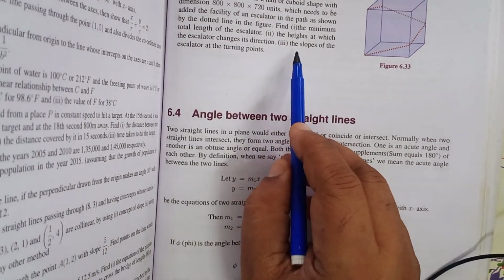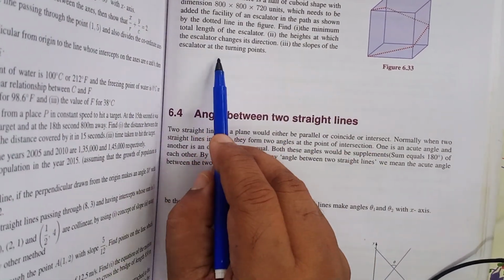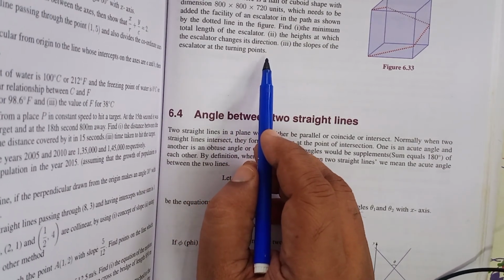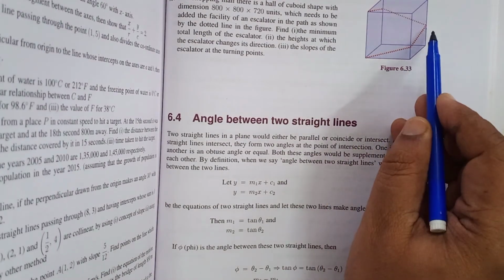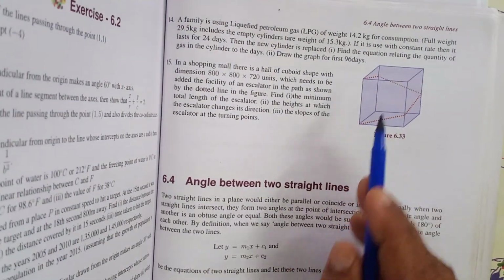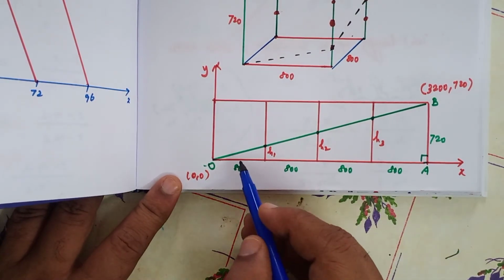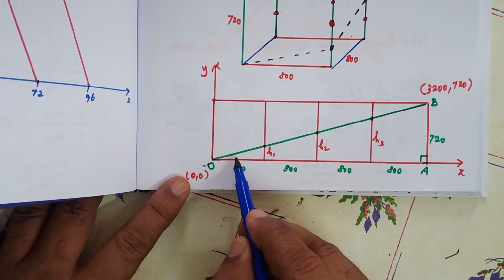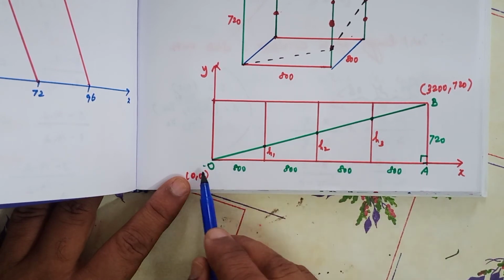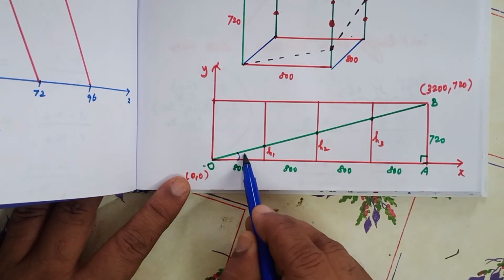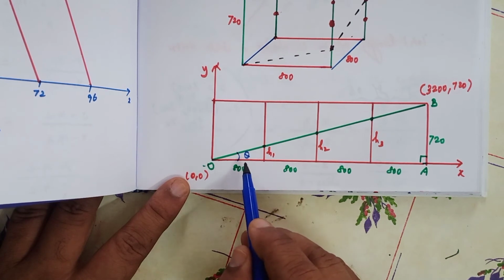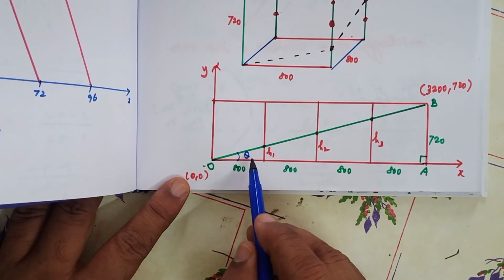Now subdivision number 3: find the slope of the escalator at the turning points. At each and every turning point you have to find out the slope. So look at the diagram. I consider OB makes an angle theta with the x-axis. This is an angle of inclination.